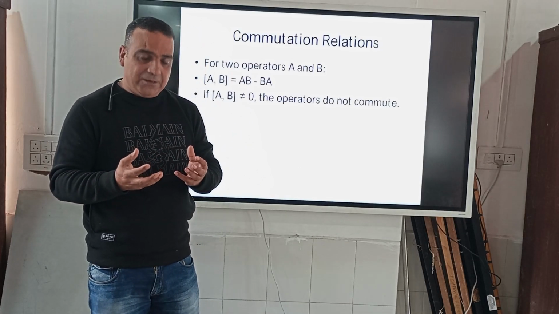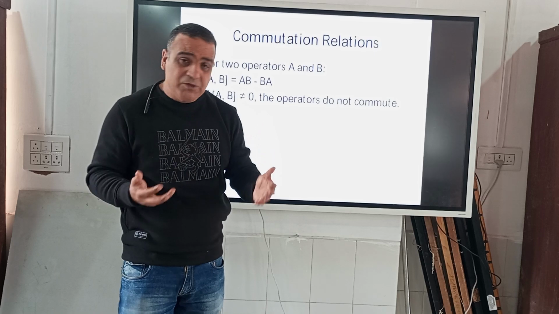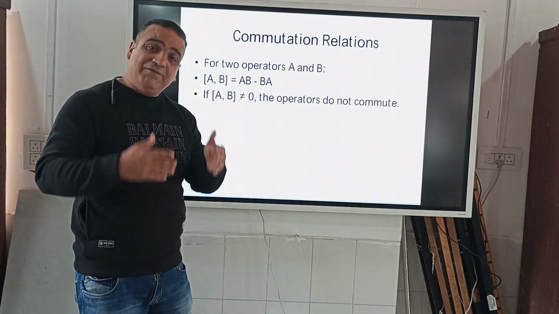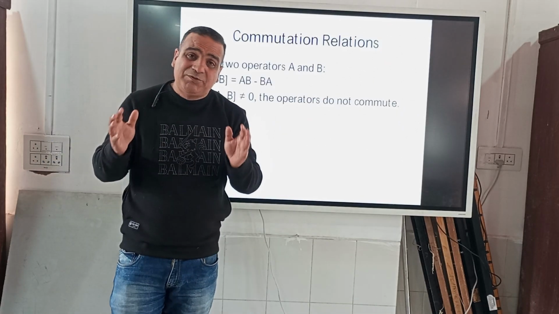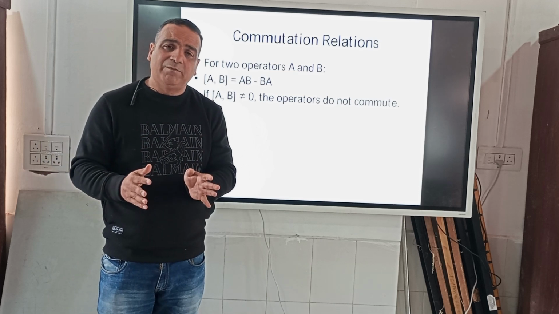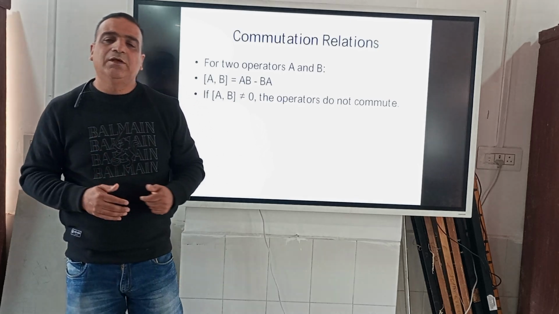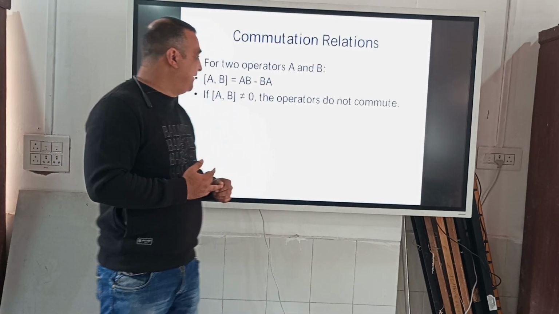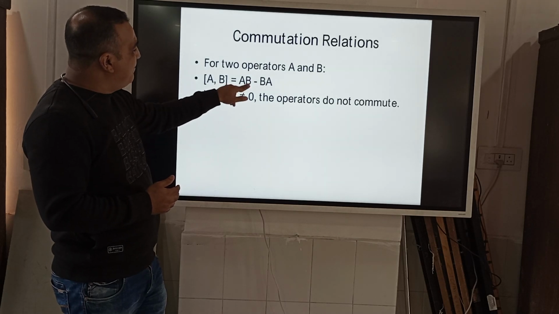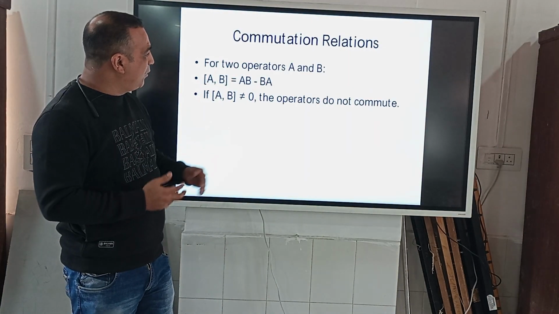Depending on your operators, the two operators can commute. If they commute, then the subtraction between these two will be equal to 0. What it means is that the two physical quantities associated with these observables can be exactly and simultaneously calculated.